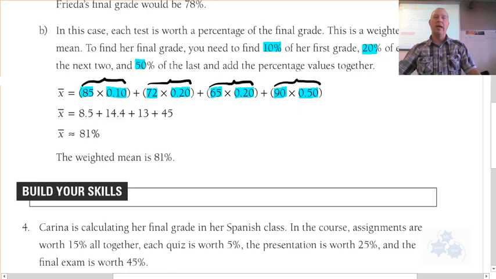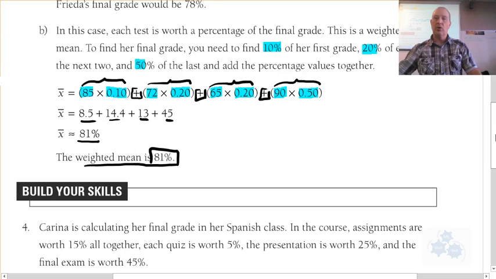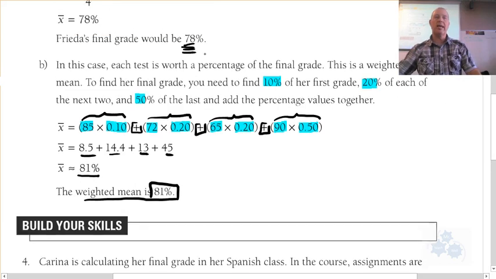And then when you're done weighting that, you simply add up all of the numbers that come from that. So these are the numbers that you add up, and the weighted average or the weighted mean is 81%. So if all the tests were equal, the average would be 78%. But notice this here.